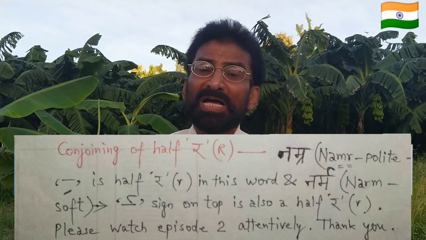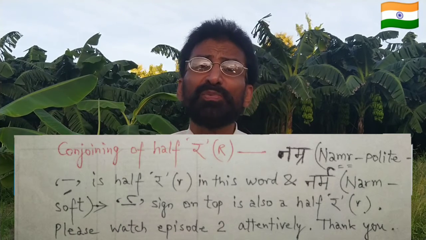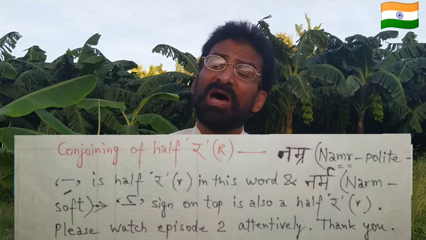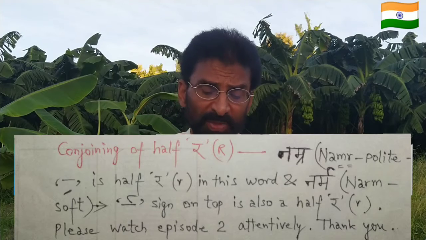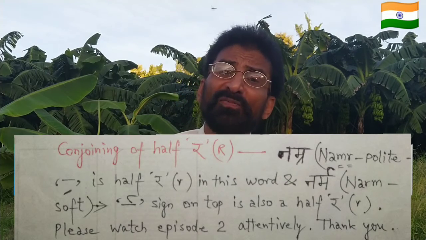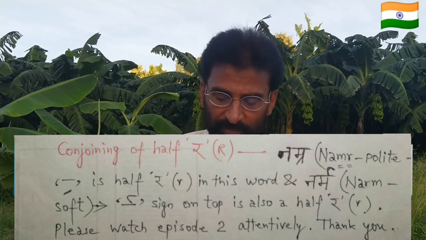So the last letter is full, and the letter immediately preceding the letter ma is half ra. In these kinds of situations, we put a half ra sign on top of the last consonant, as I did in my chart. Narma.